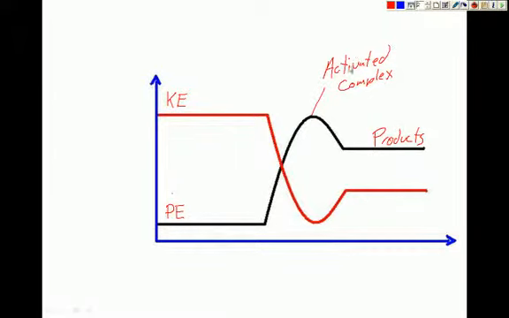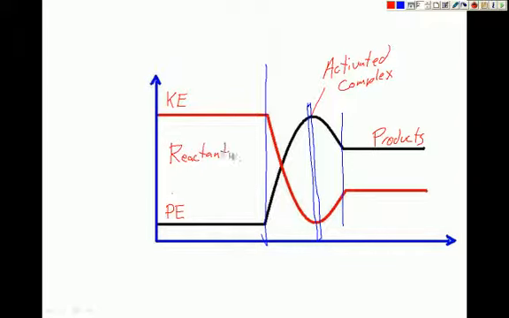So these are products over here, this stage right here is the activated complex, and at this stage right here, these are the reactants. So we can see very clearly how potential energy and kinetic energy are related.